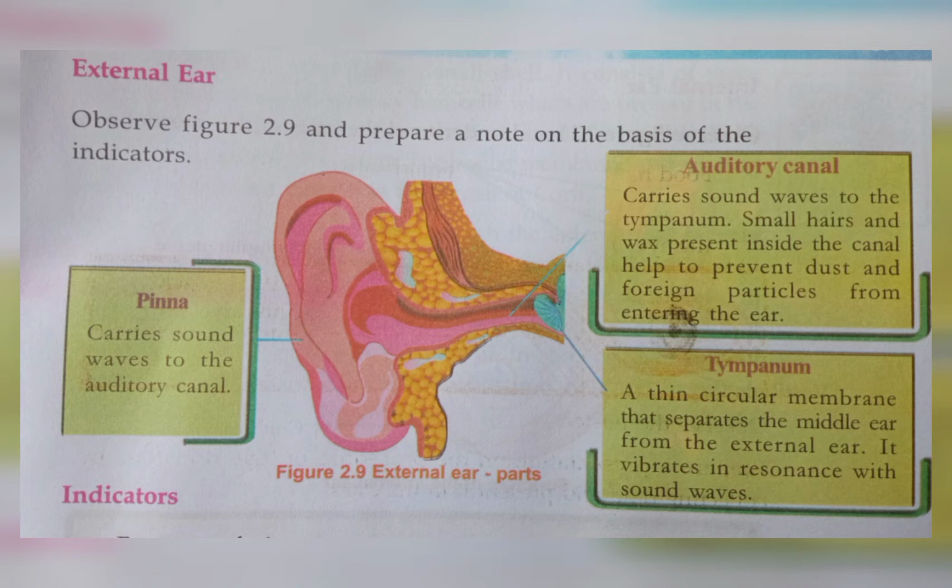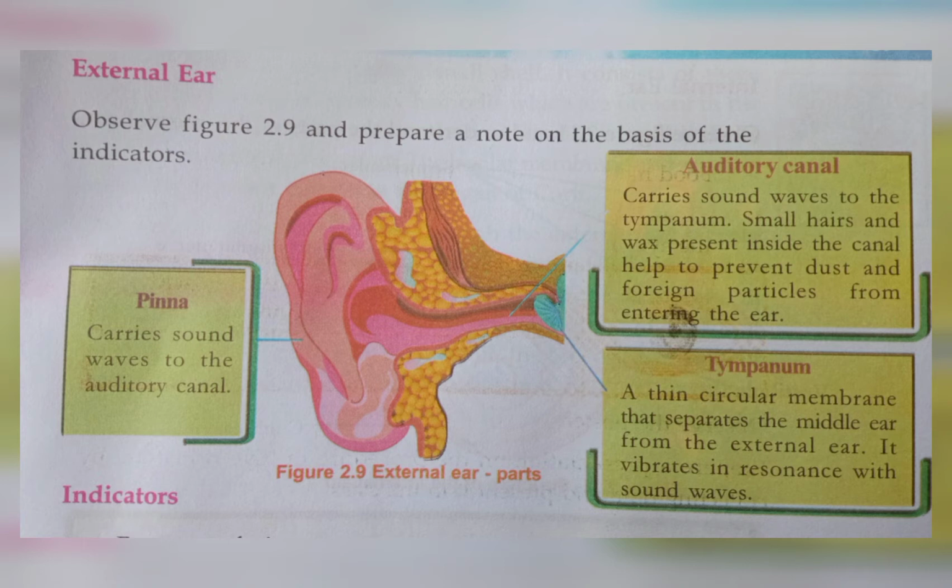Look at the auditory canal. The auditory canal carries the sound wave to the tympanum. The tympanum is the last one. Inside the auditory canal, small hairs and wax are present. They prevent dust and foreign particles from entering the ear.